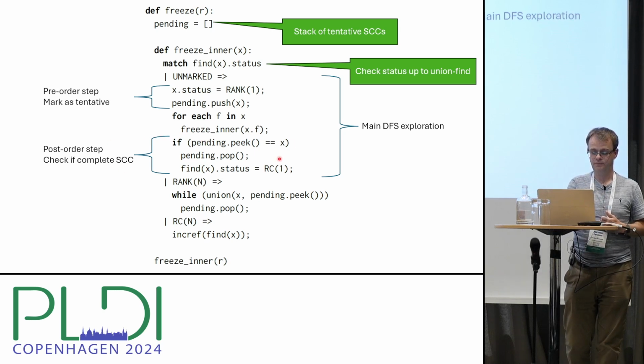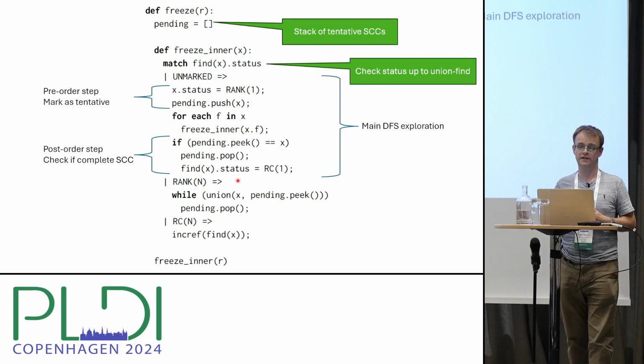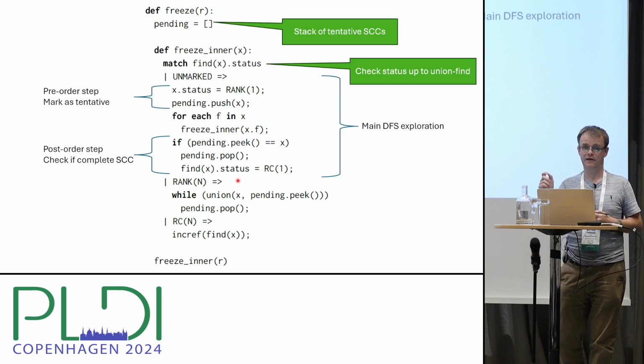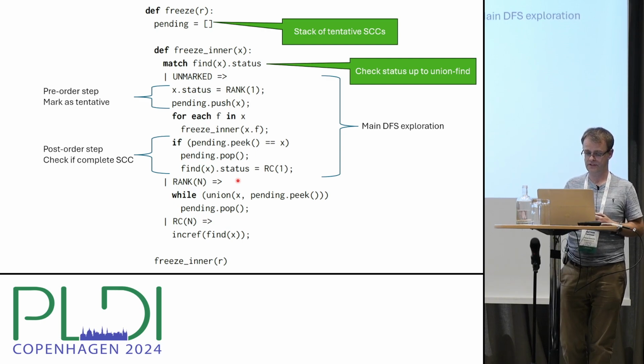Then we do a post-order step, so on the way back out, if we're still the top of the stack, we can take ourselves off and say this is a completed strongly connected component. A completed one has a reference count of 1 because there's one entry into it. Later on, we might add some more.